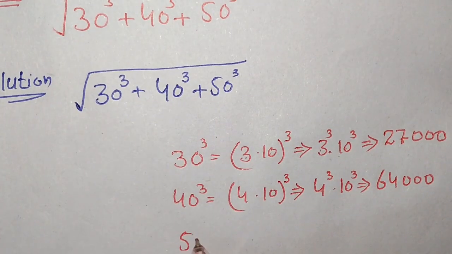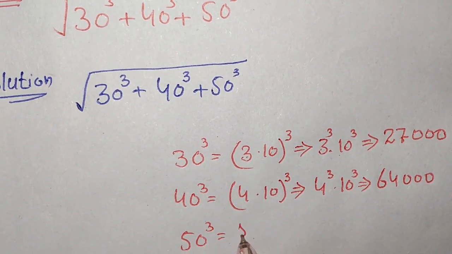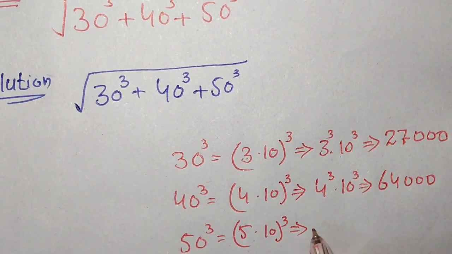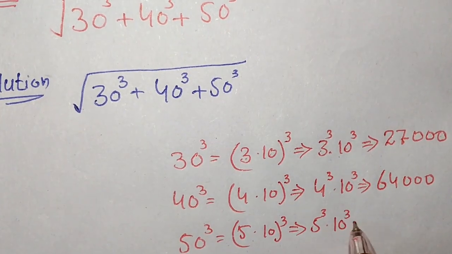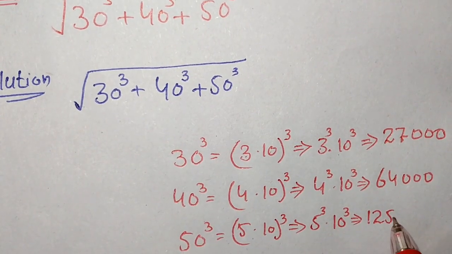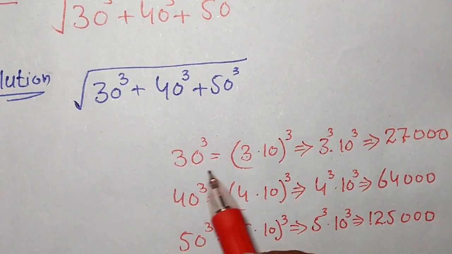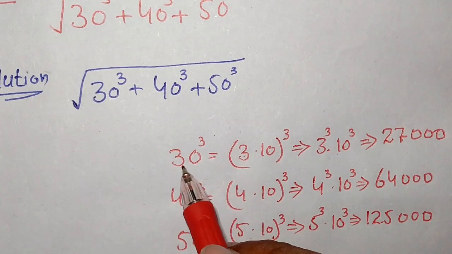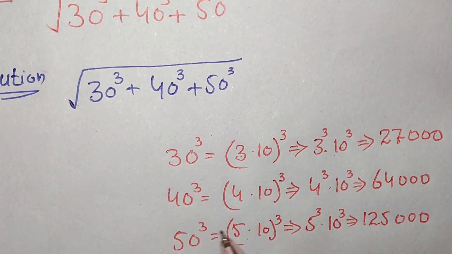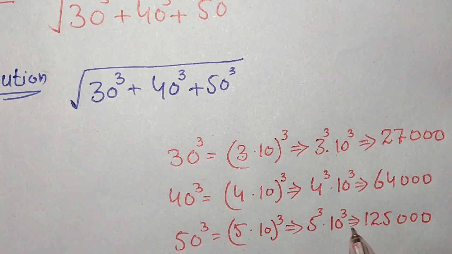50 to the power of 3 is equal to 5 times 10 to the whole power of 3. This will be equal to 5 to the power of 3 times 10 to the power of 3, and 5 to the power of 3 is equal to 125, and 10 to the power of 3 means 1000. So 30 to the power of 3 is equal to 27,000, 40 to the power of 3 is equal to 64,000, and 50 to the power of 3 is equal to 125,000.